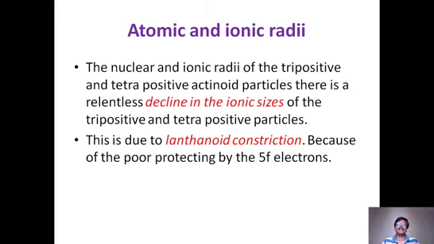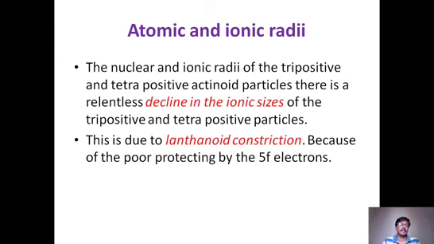For the nuclear and ionic radii of the tripositive and tetrapositive actinide particles, there is a decline in the ionic sizes of the positive ions, that is, it may be +3 or +4, and the size is decreasing. Of course, that may be due to lanthanide contraction, because the poorly protecting electrons are not protected by the 5f electrons.